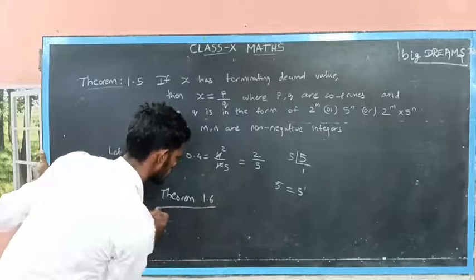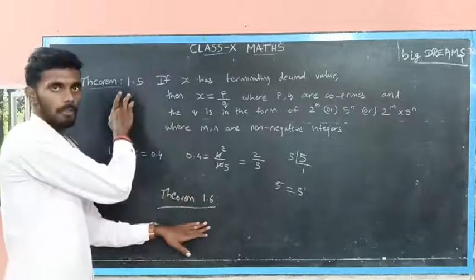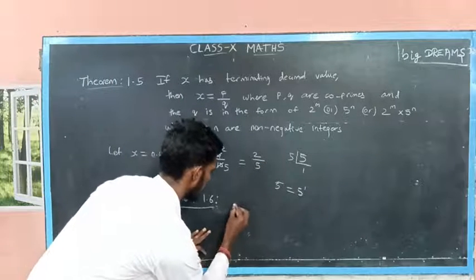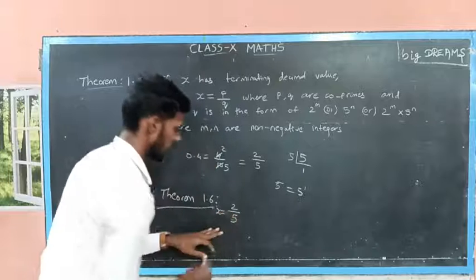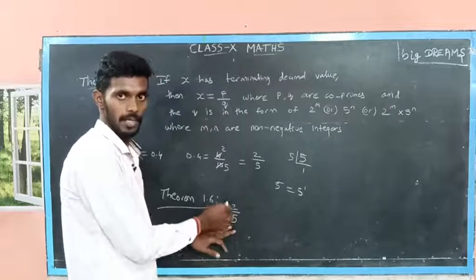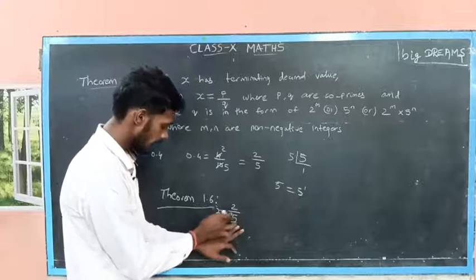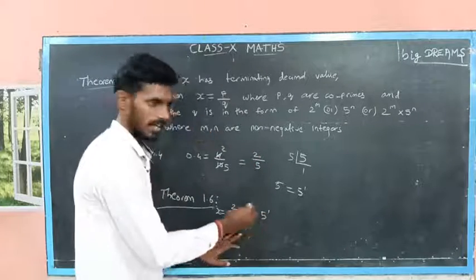Then theorem 1.6. Theorem 1.6 is just the inverse of theorem 1.5. Here I am going in the reverse order. For example, take the number 2 by 5. Let x be equal to 2 by 5. So x is in the form p by q, where both p and q are co-primes and the prime factorization of q is in the form 5 power 1, right?